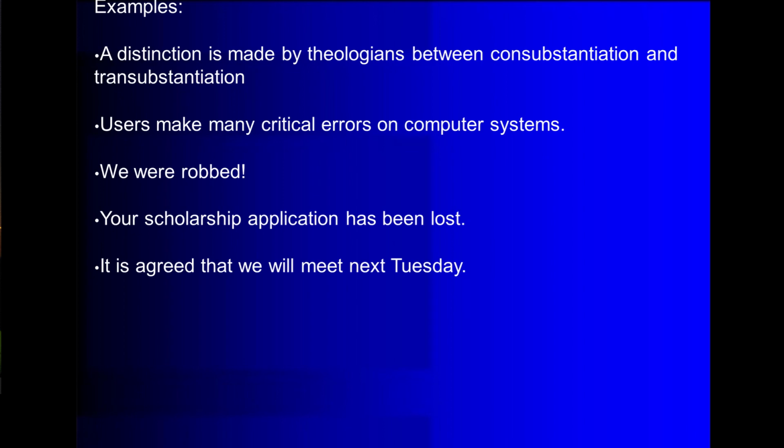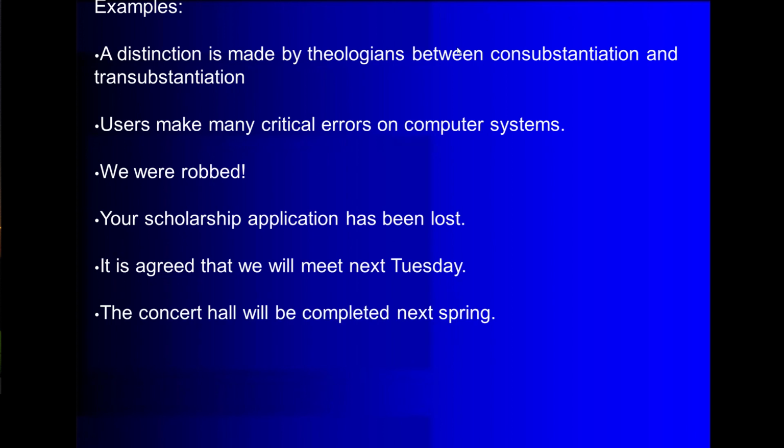It is agreed that we will meet next Tuesday. Active or passive? Passive, because is agreed is passive, right? You can change that to active just by saying, we agree to meet next Tuesday, or let's meet next Tuesday. Both of those are active voice. Okay.